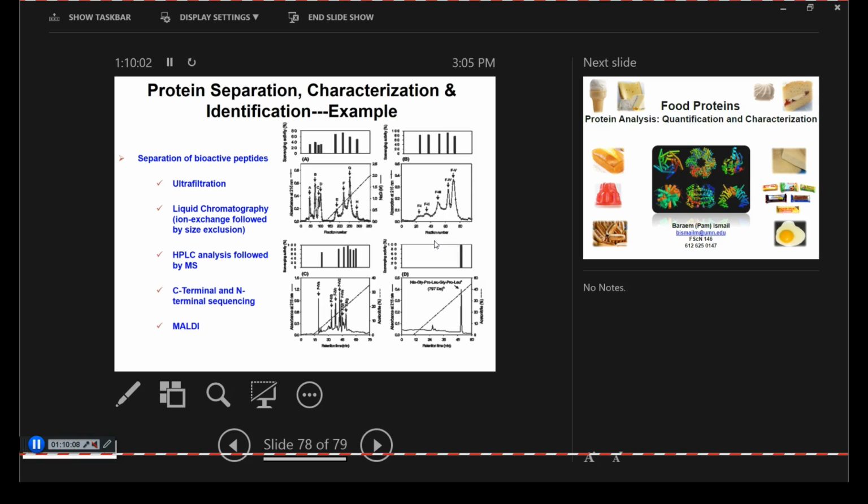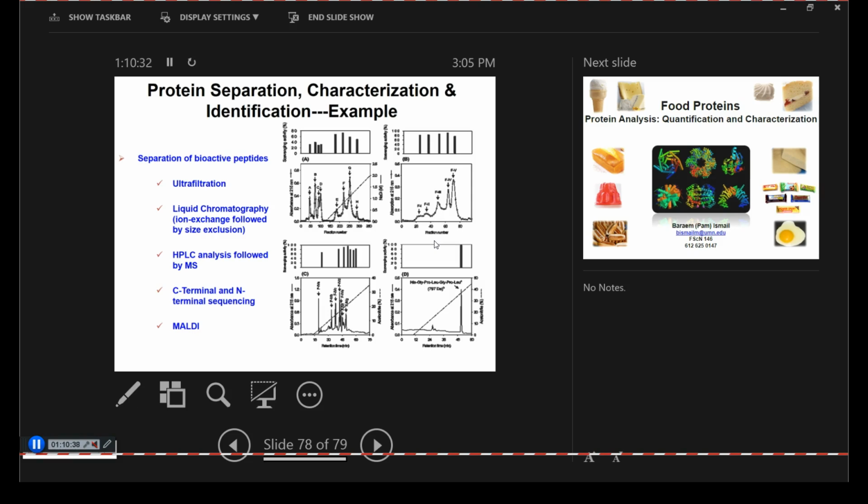And from there you run ion exchange followed by size exclusion, or size exclusion followed by ion exchange, it doesn't matter. But first, let's say we did size exclusion, it doesn't matter. Then you separated the peptides based on size. You take each fraction and you run the antioxidant activity assay, and you found that fraction F has the highest antioxidant activity.